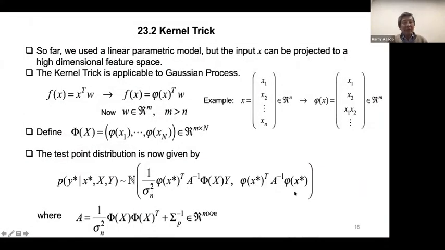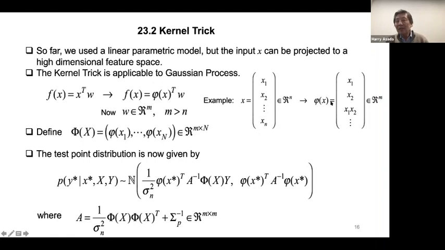Okay, kernel trick. So far we used a linear parametric model, but the input X can be projected to a high dimensional feature space. The kernel trick is applicable to the Gaussian process. So what we do is basically we replace this X by the function phi. The original input is just x1 to xn, a finite dimensional, n-dimensional vector.